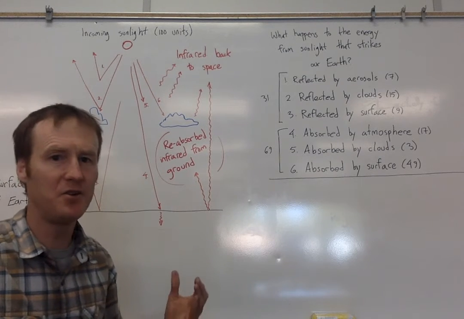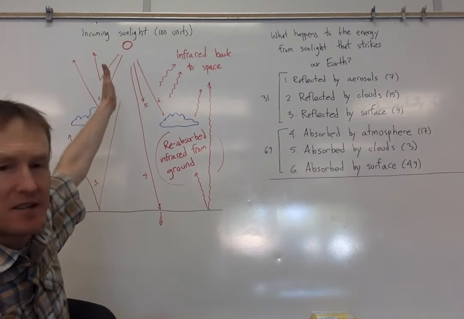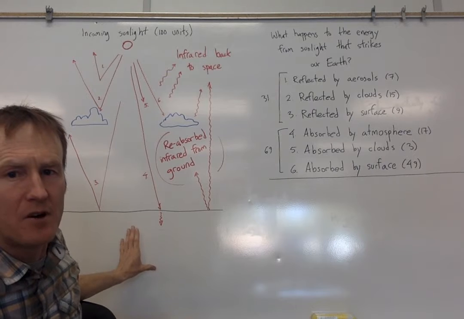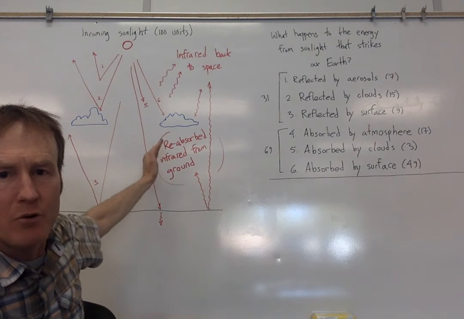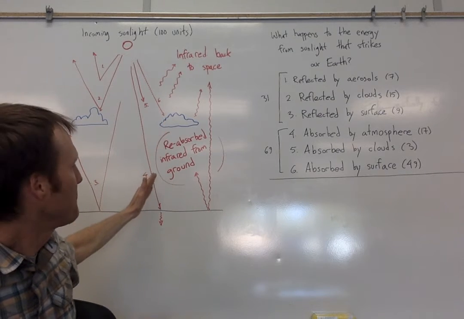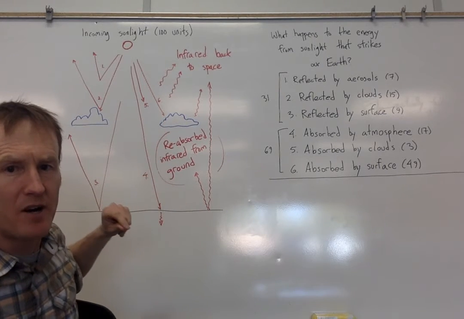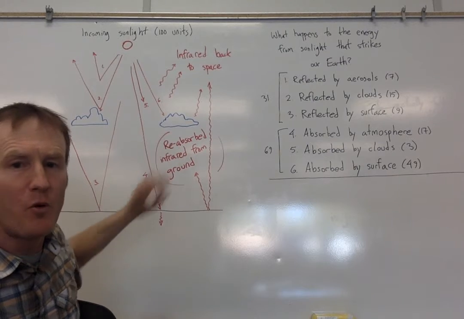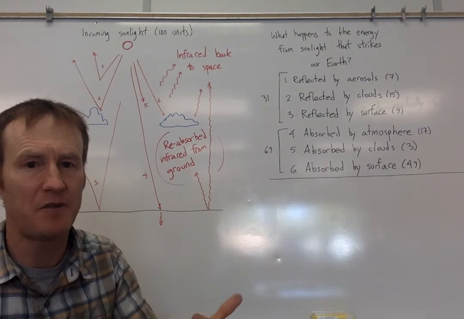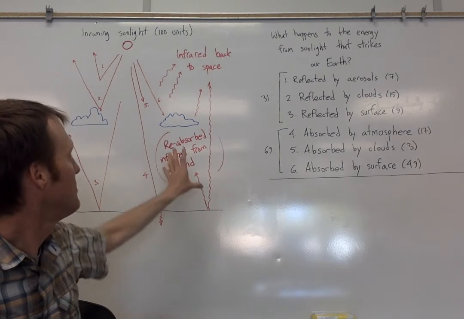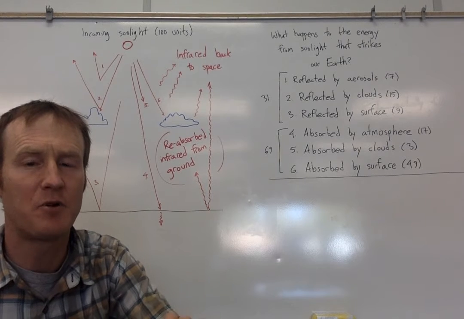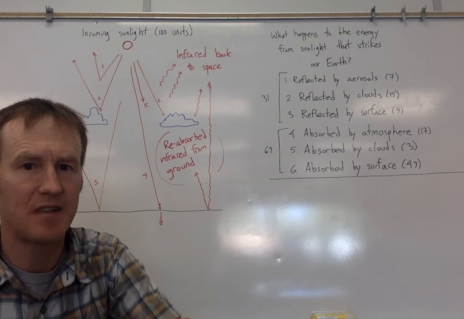So again, your sun's light that has struck the surface of the earth warms it up, and the surface re-radiates that as infrared radiation. Some of it goes into space, but about 15% from your starting 100 is absorbed before it can get back into space. That is the greenhouse effect, that reabsorption of infrared radiation that would otherwise escape into space.